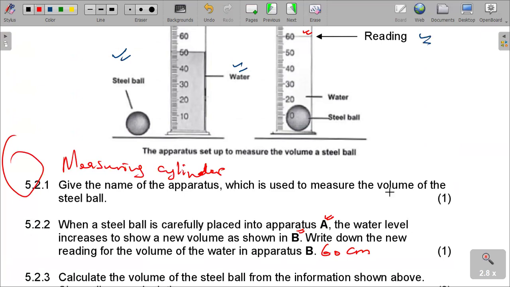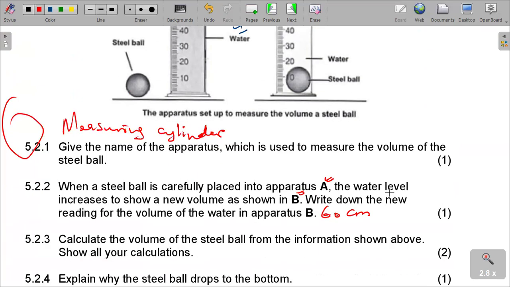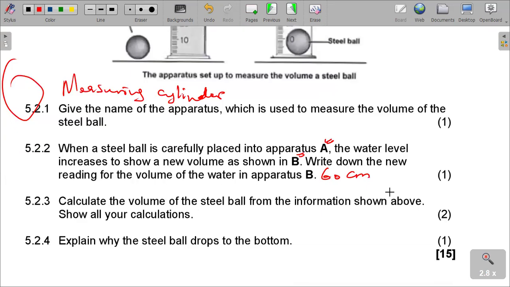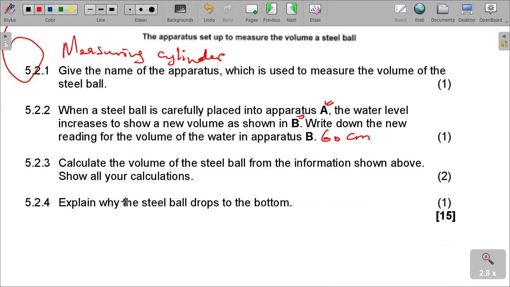And then the next question says: calculate the volume of the steel ball from the information shown above. Show all your calculation. So what you need to do is final measurement minus initial measurement.